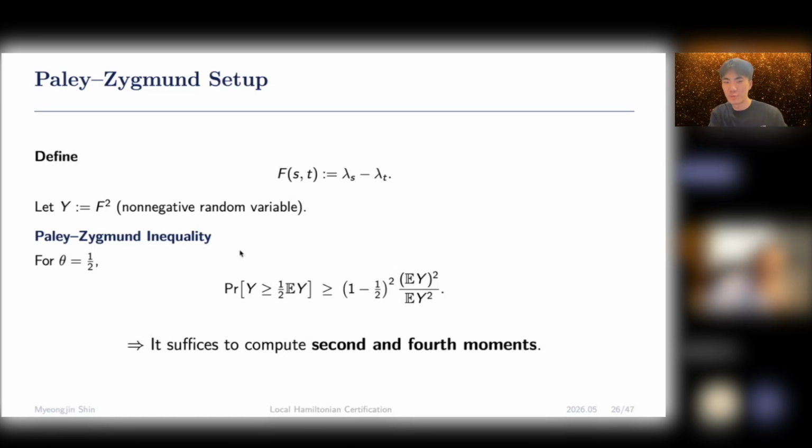This is because y is defined as the square of f, and as you can see, there's the first moment and the second moment of y. Since y is the square of f, we need to calculate the second and the fourth moments of f, which is the difference of the eigenvalues.